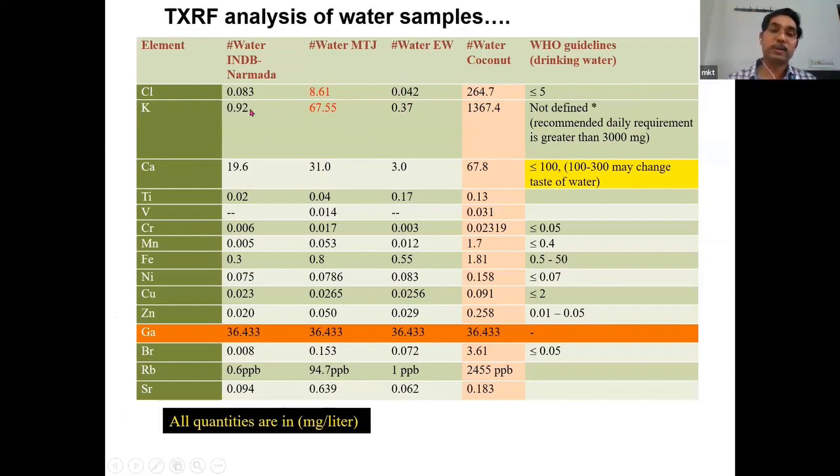See the potassium content here. This Narmada water is 0.92, and if the water is treated with the RO filter, then the potassium slightly increases. This is again groundwater. It's more or less similar, 0.9, 0.4 something. And coconut water contains a lot of potassium.